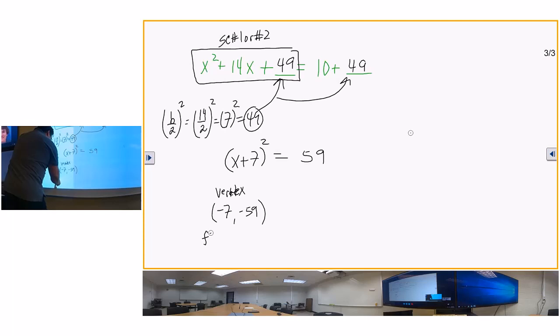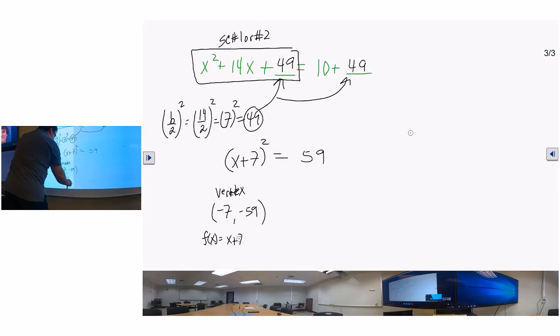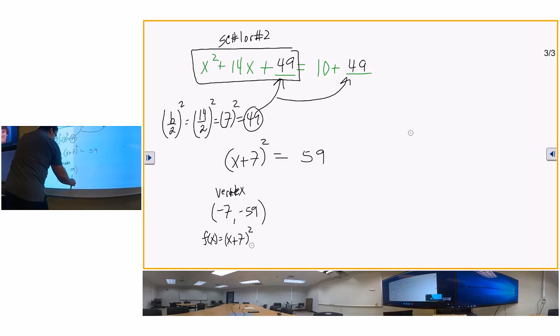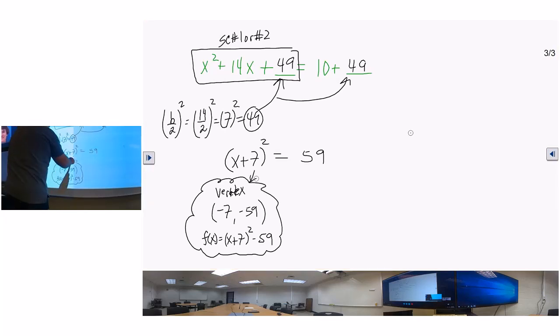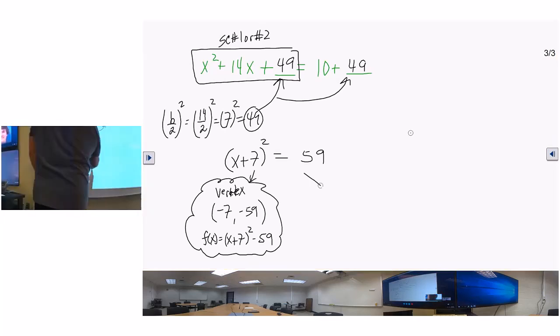F of x is equal to x plus 7 quantity squared minus 59, and the vertex will give you the opposite of this, and then you bring this up. Okay, so this is the vertex information that you get from that point. So that's one way you can go. The other way is to solve for x.